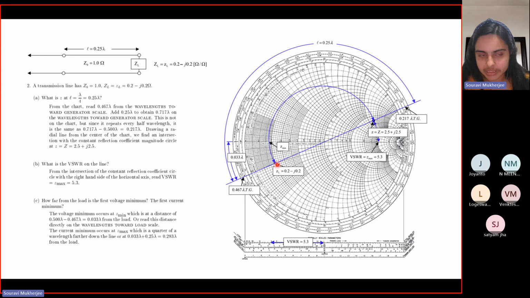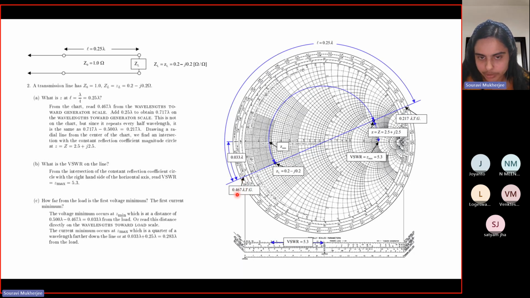Then it asks what is Z at a distance lambda by 4. So you're moving from the load towards the generator, so move clockwise. You extend it further to get the location on the wavelengths towards generator scale, which will give you a value.